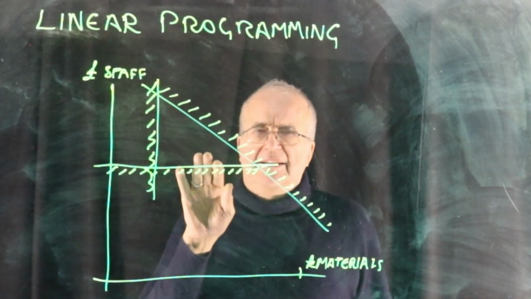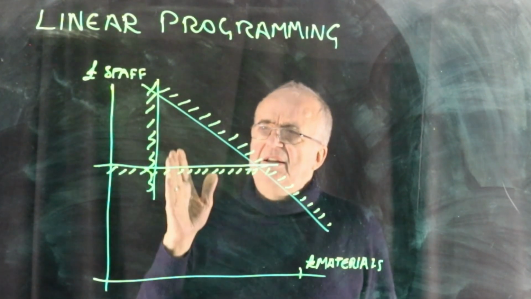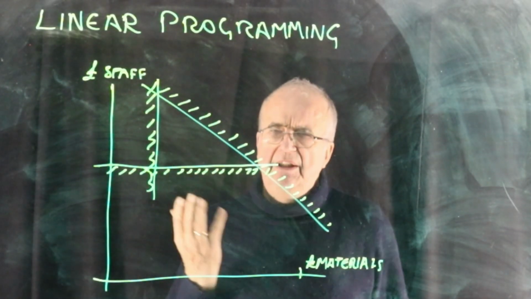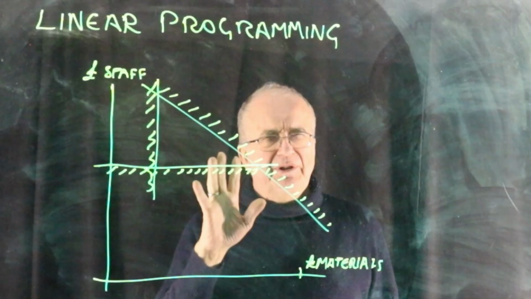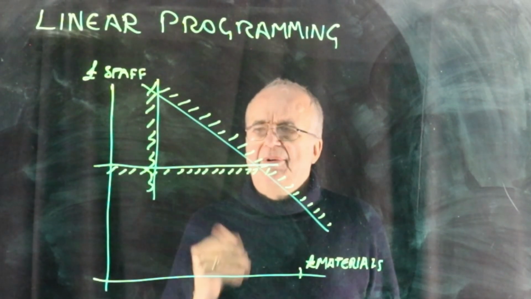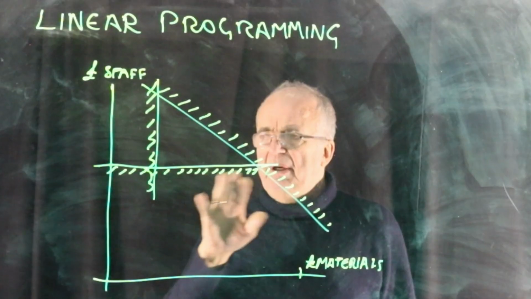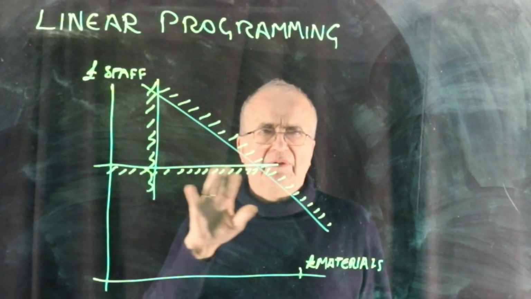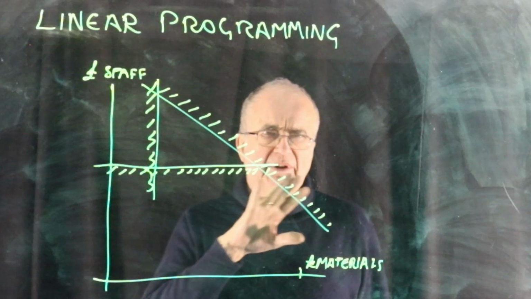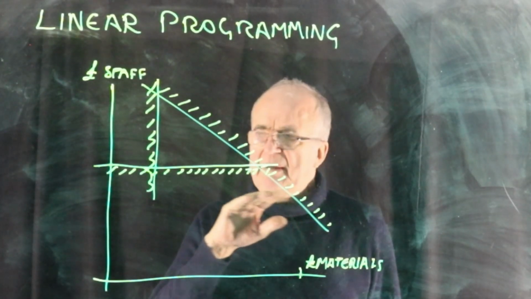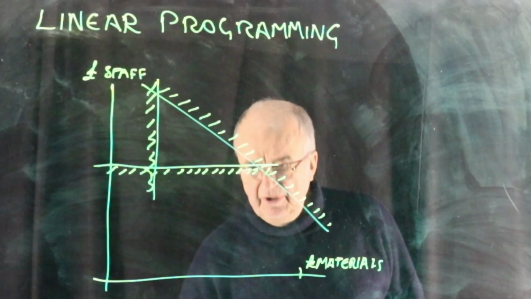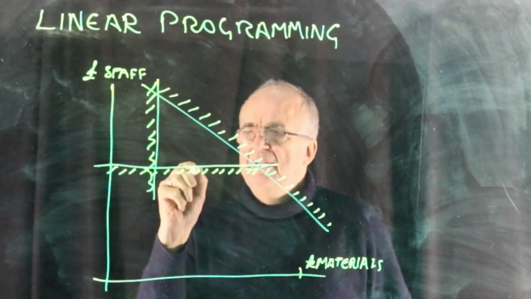Having said that the boundaries are defining the area in which the policies can work, the boundaries are not absolutely rigidly fixed. Suppose I want to reduce staffing costs, and that might mean that I'm going to fire some members of staff. I'm going to try and move this boundary back.